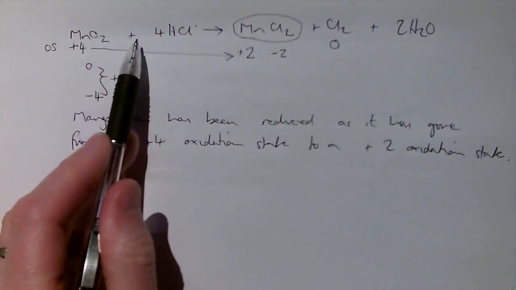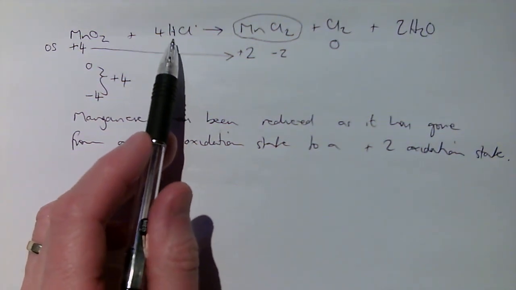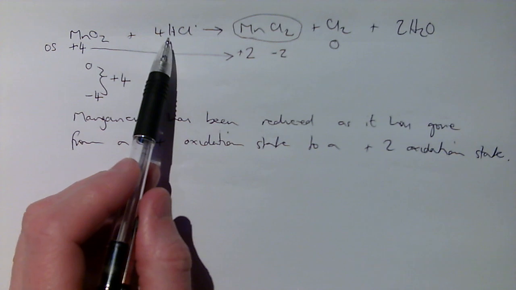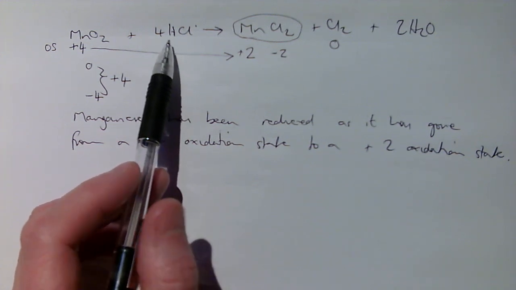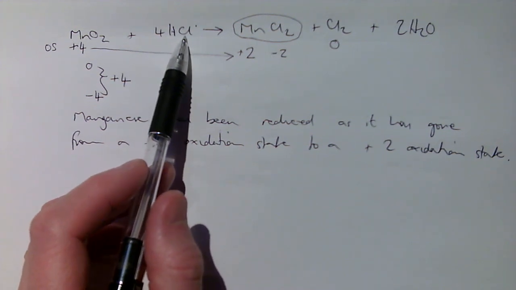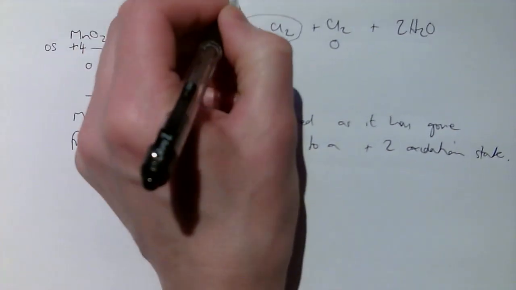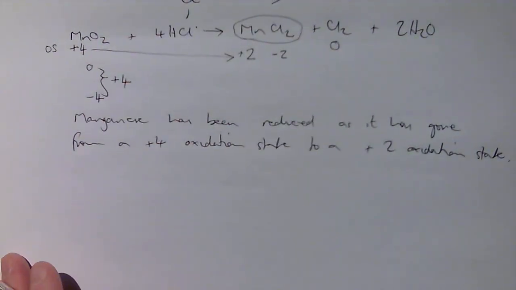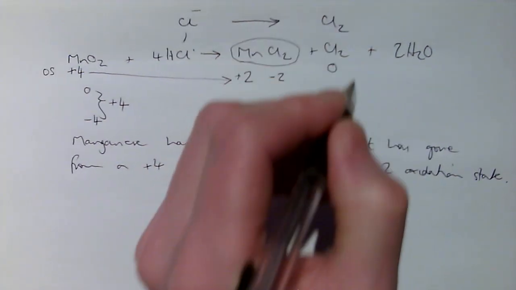Then I look through the equation and I've got some HCl, hydrochloric acid, which is a strong acid. We all know that strong acids are acids that fully dissociate in aqueous solution. So H+ must dissociate from the Cl-. In there I've got some Cl-, and Cl- became Cl2.